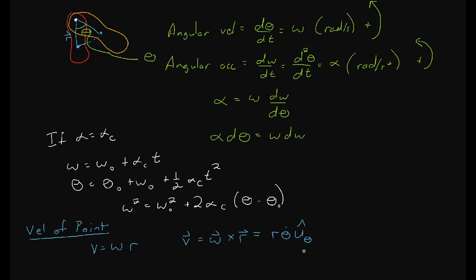Remember, u hat theta is the unit vector in the direction of your changing theta. So it's the same thing as on the left, velocity is equal to omega r, except now we have theta dot for omega, and r is still r, but now we know the direction of the velocity, whereas before we didn't.